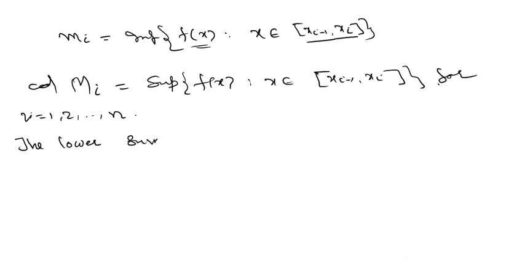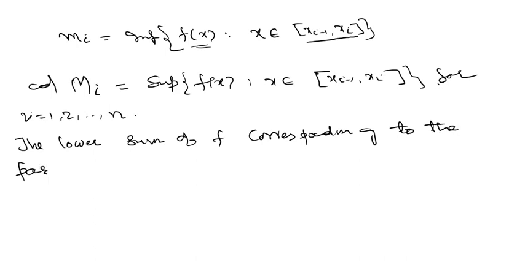The lower sum of f corresponding to the partition P that you defined above is denoted S lower star, S_*(f, P).